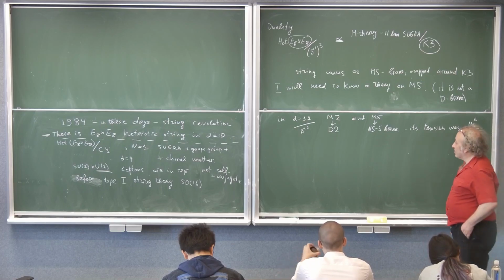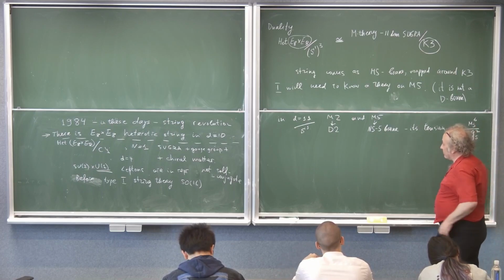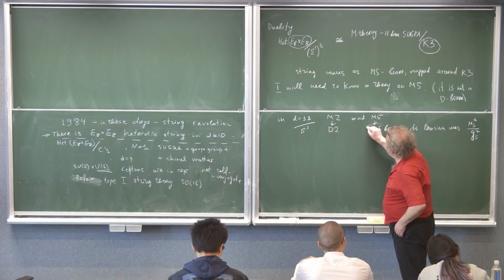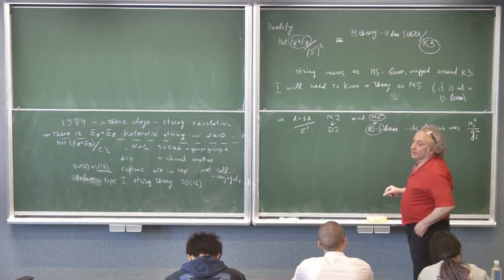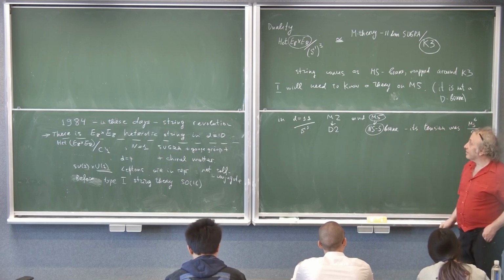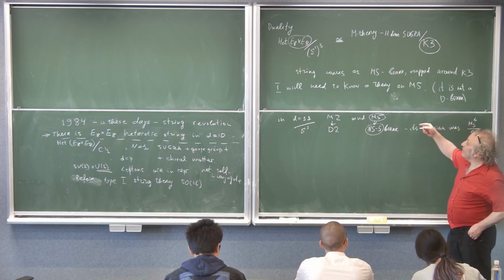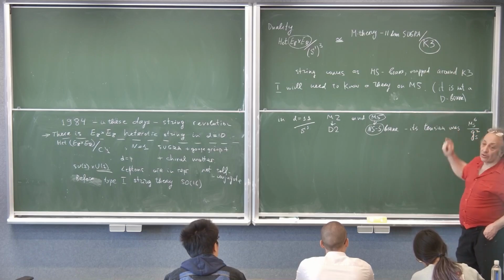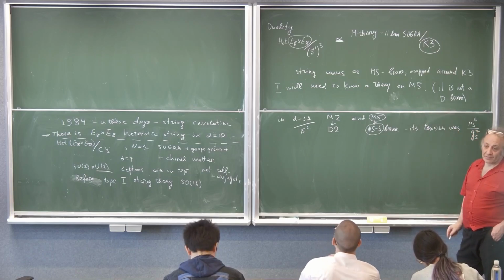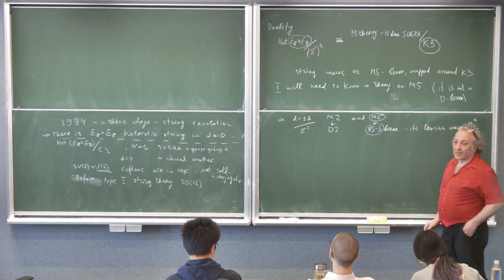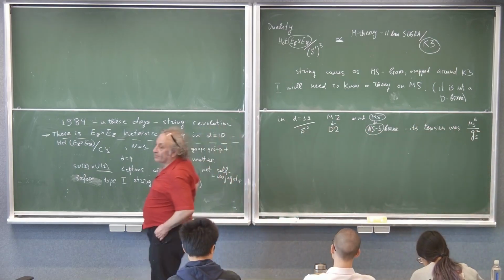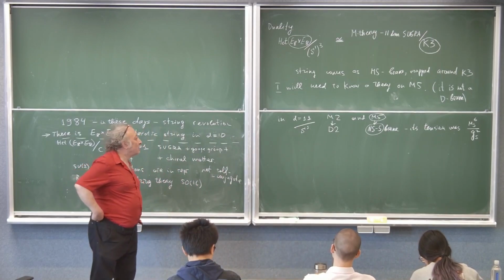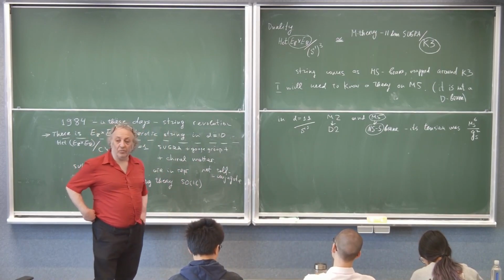So what is it? And we need this NS5-brane in order to understand the M5-brane, in order to be able to wrap it over K3. So this is why we are interested in knowing this theory on the M5-brane.